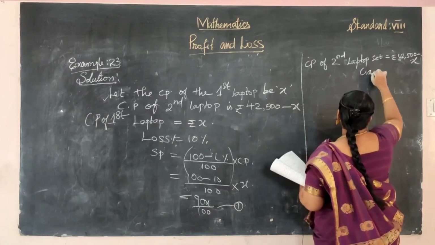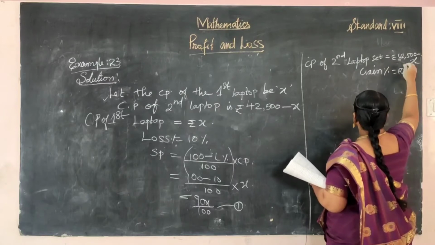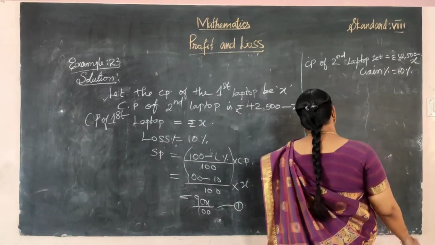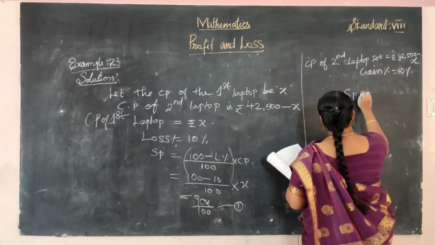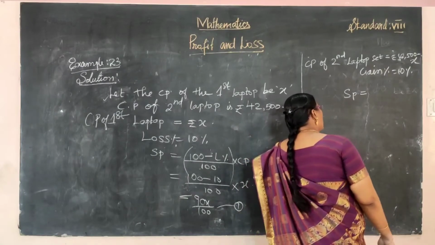Second one, gain percentage is equal to 10%. So SP is equal to, so cost price, selling price only we have to find out.